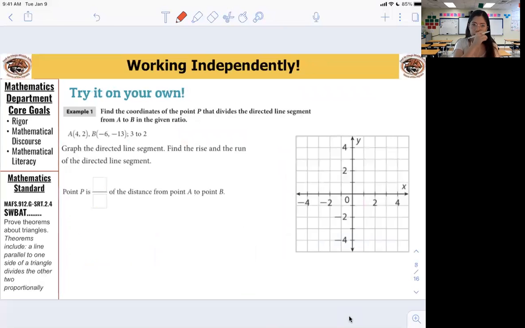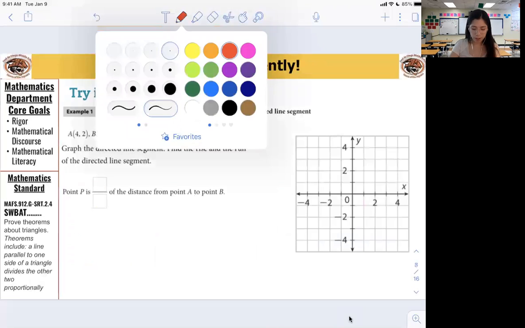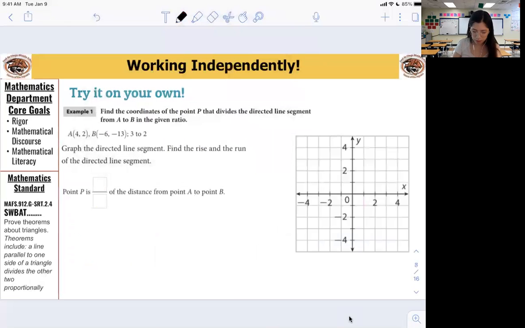All right, so here's another. I know it says try it on your own. Do you want to try it on your own, or would you rather do it together? Together. Okay, let's do it together. So let me just plot these points, 4, 2. Why do they give me these terrible graphs? How am I going to plot negative 6, negative 13?